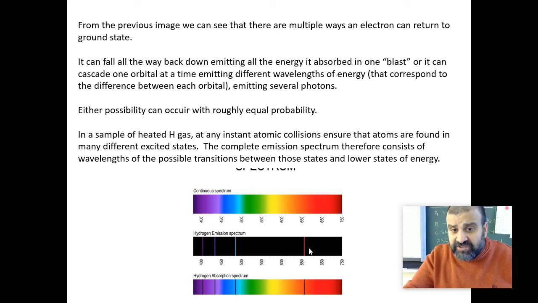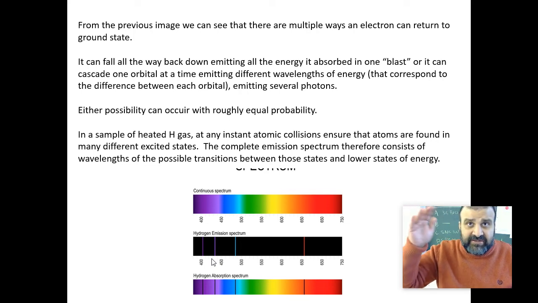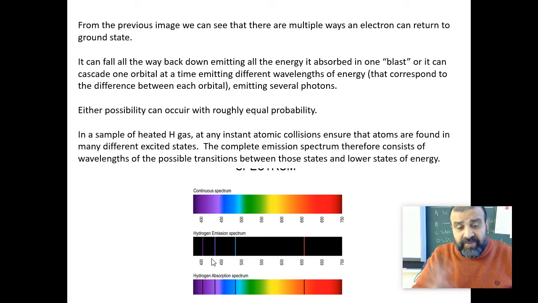This emission spectrum shows all the energies that can be emitted from a hydrogen atom, from the first to the second, or from the first to the third. It shows all the possible combinations of electrons falling back down. So hydrogen will give off this emission spectrum.